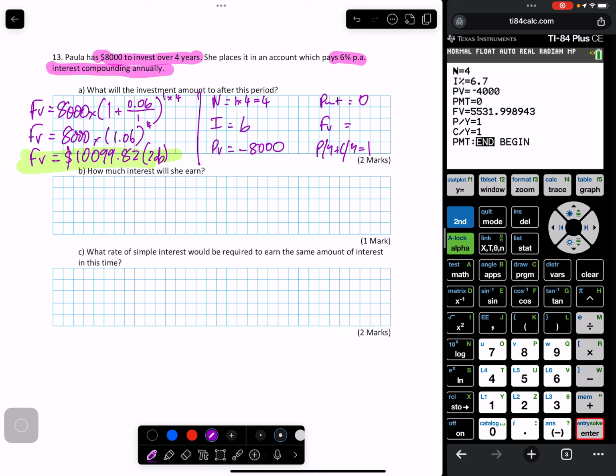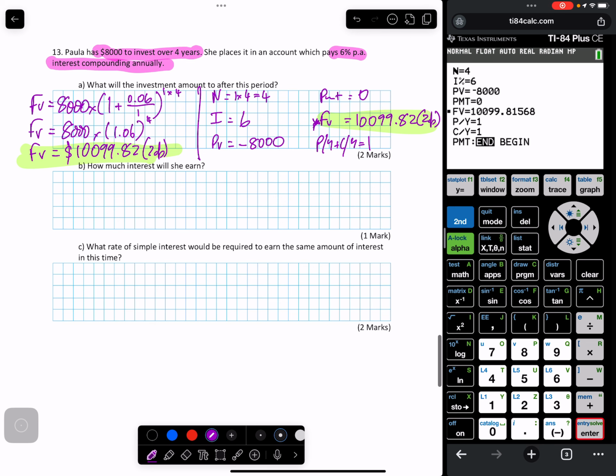So 4, 6, negative 8,000, PMT 0. Okay, alpha, enter on FV. That comes to the same exact answer, 10,099.82 to 2 decimal points. Use either way, just make sure you put a star next to what you're working out.